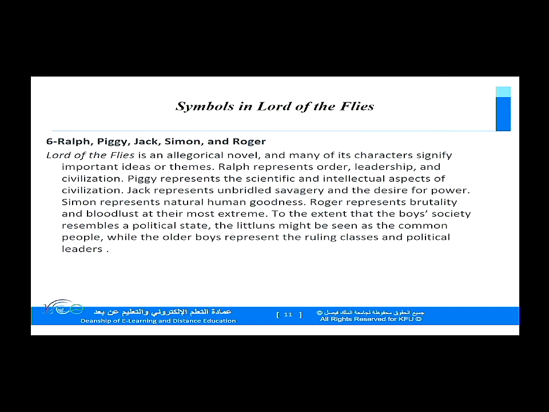They're not smart enough, they're not mature enough to understand how the group is being led. So they just follow, and they need to be protected. While the older boys represent the ruling classes and the political leaderships. And just like any political state, between the ruling classes and the political elite, there is always struggle and sometimes strife.